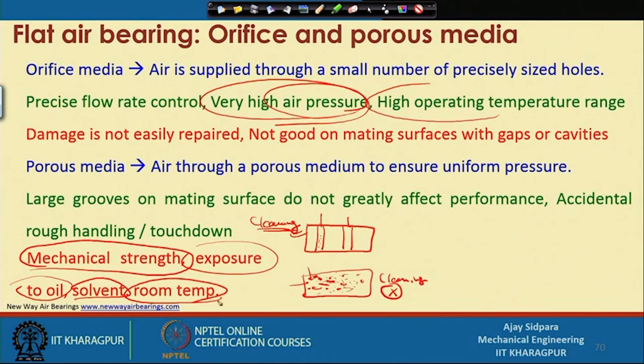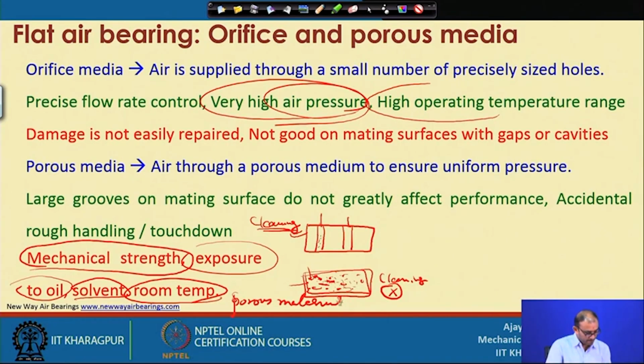Room temperature is also important, because it is a very porous material. So, its surface area is very high, and it is temperature sensitive. So, it is better to operate at room temperature.